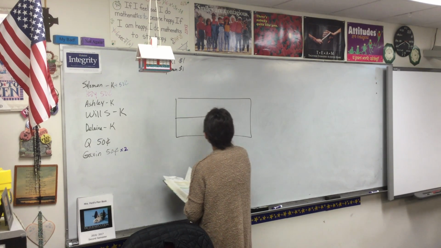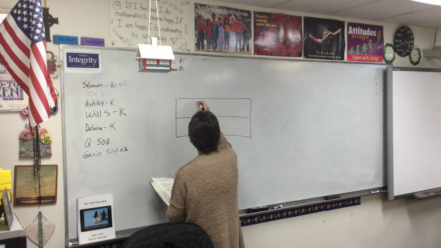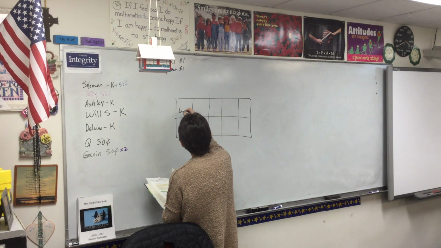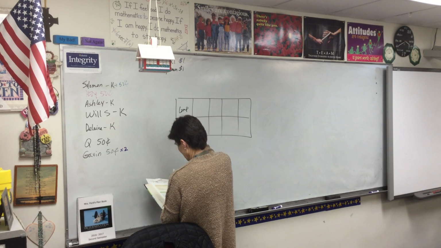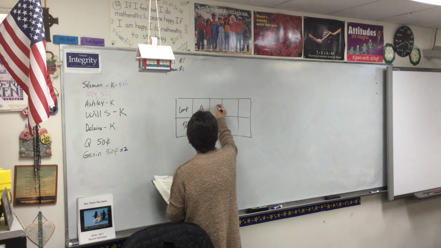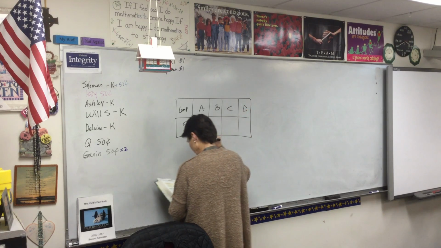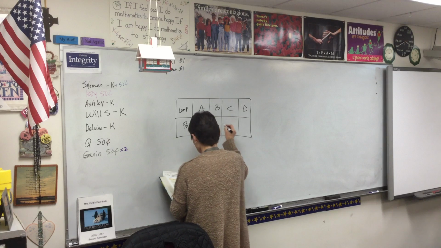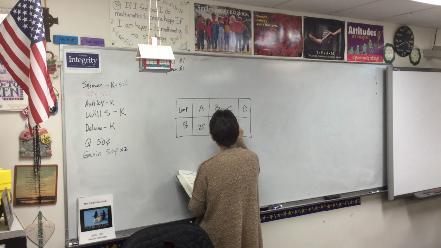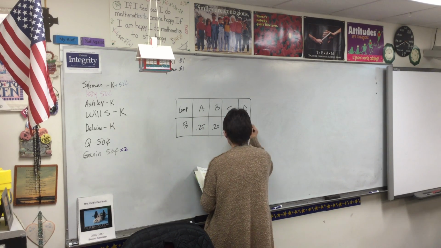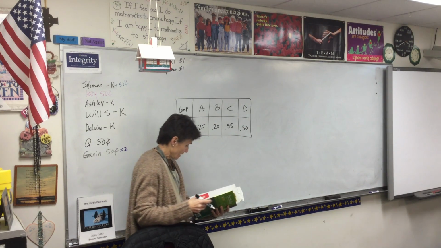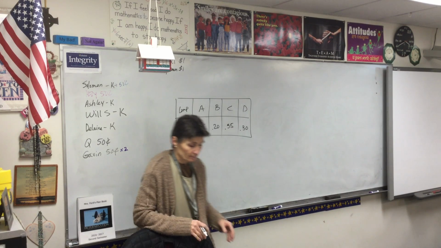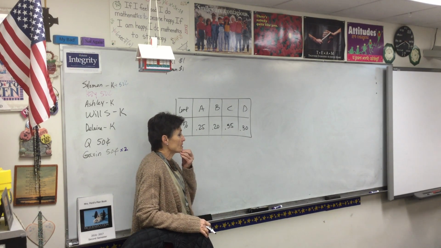Here's the deal. This guy has done some data with his gerbil, and he's come up with this probability distribution. We're looking at problem number 9, and we're going to look at several problems on this page.